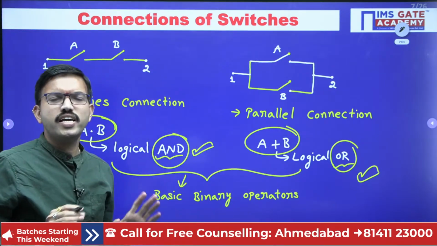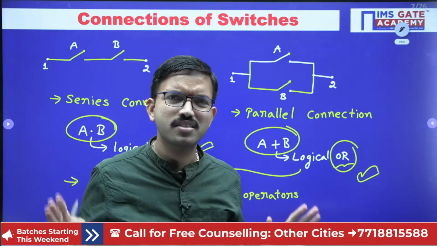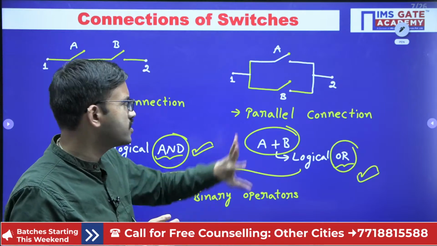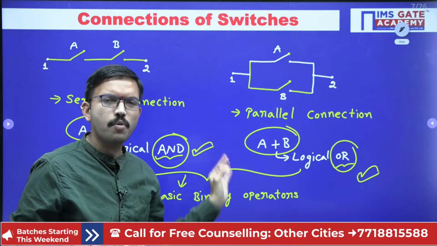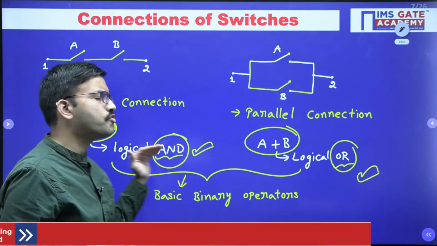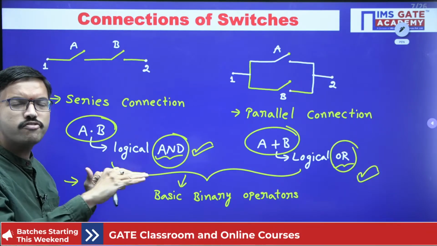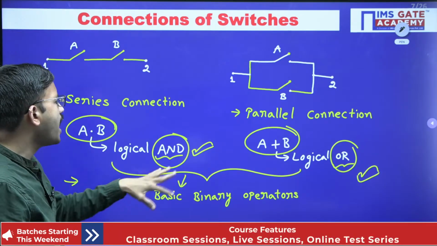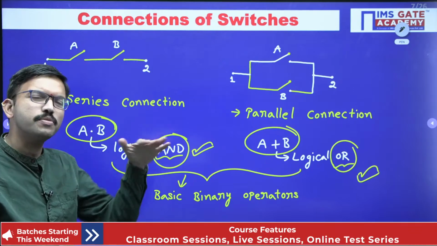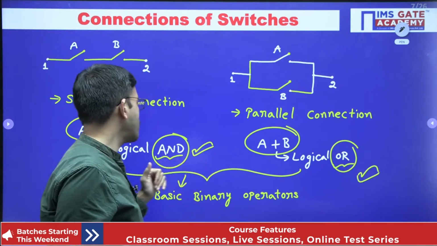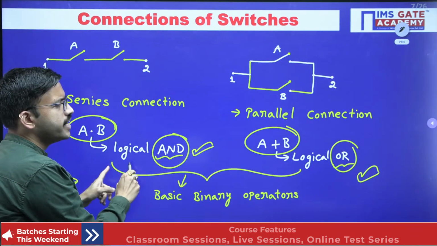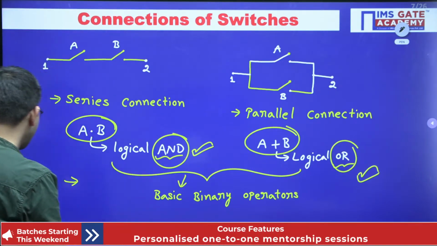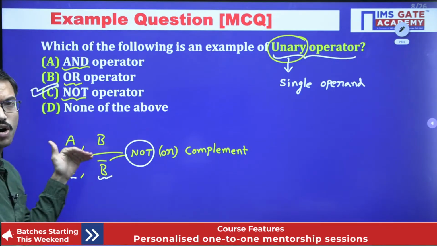So in this way, whatever the complex digital circuit you might have, if you want to represent it in Boolean function format, you can do so with the help of logical AND, logical OR, and wherever required the complement of the variable.